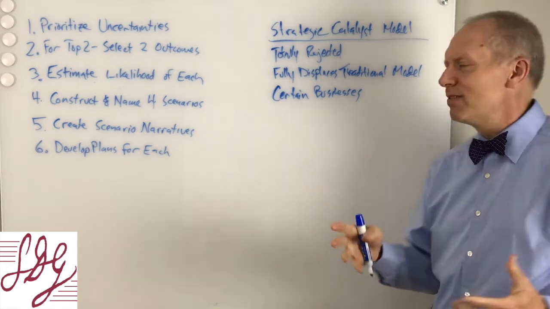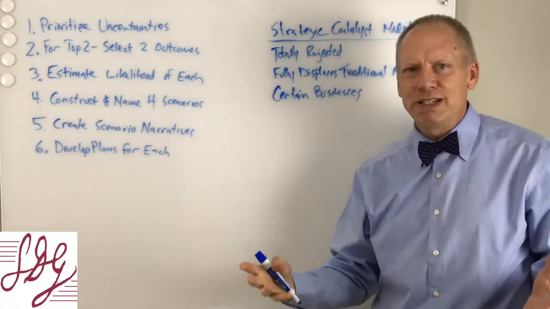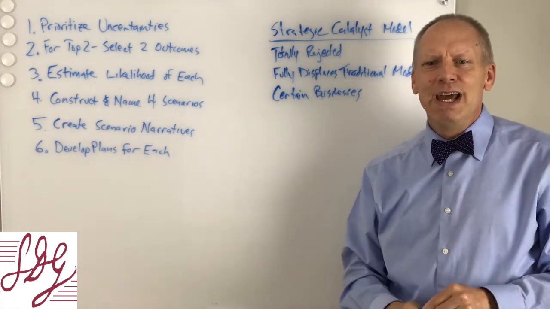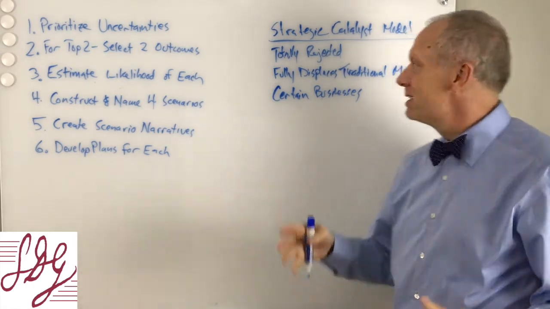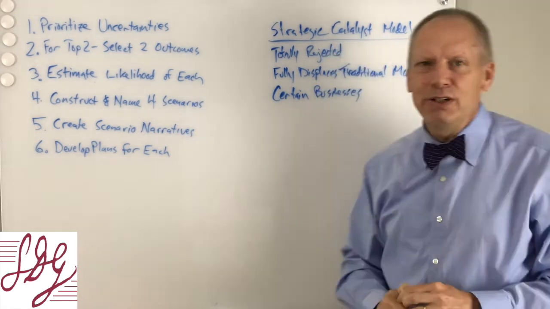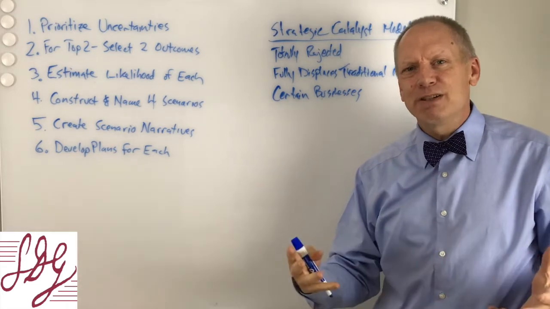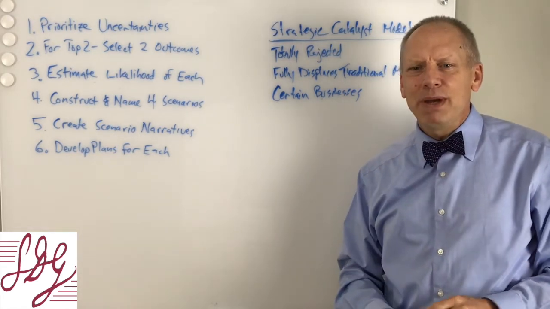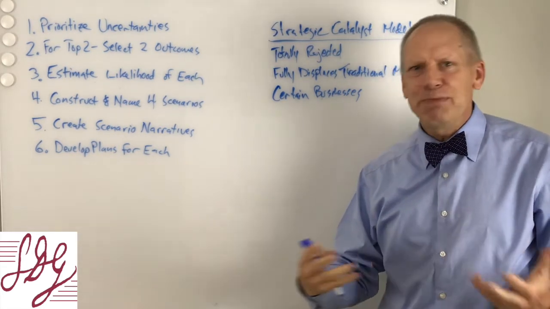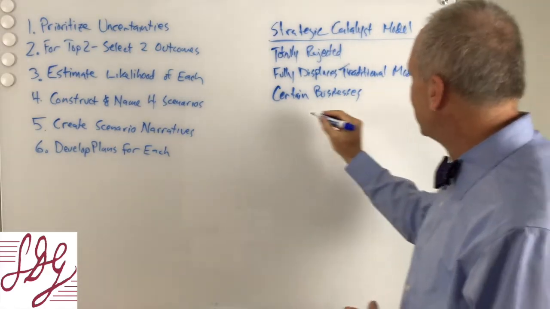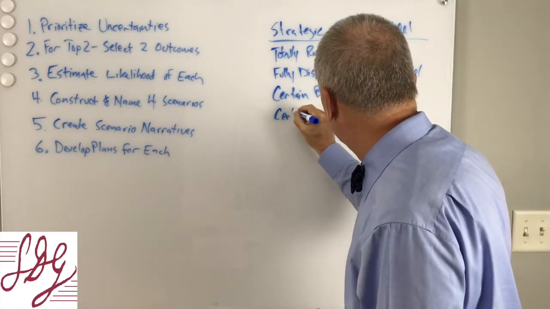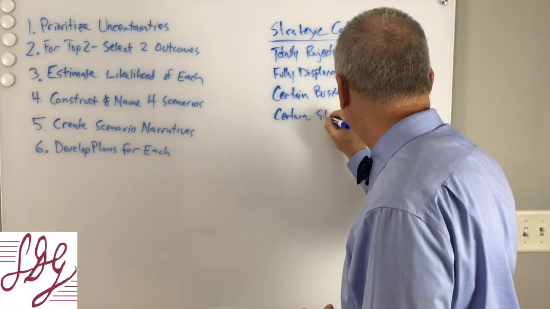But let's just generalize it as only certain businesses adopt this new model. And then another way in which we might fall in between these 2 is that the strategic catalyst model may be adopted, but maybe only for certain types of strategic decisions. So I'll say certain strategies.